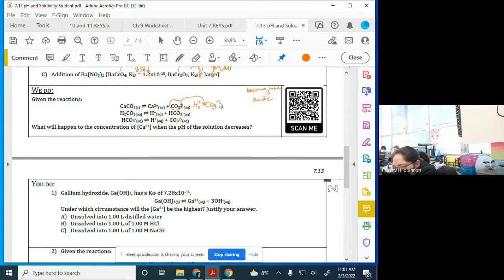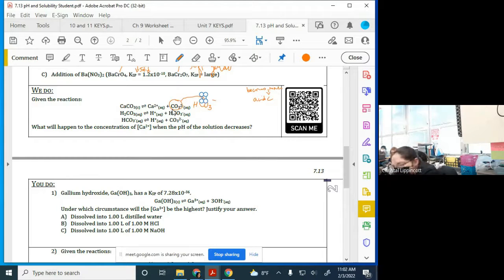H2CO3, the weak acid. Okay, so it's going to form some of this. The hydrogen is pulling some of this CO3 2 minus away, and it's becoming this weak acid here.